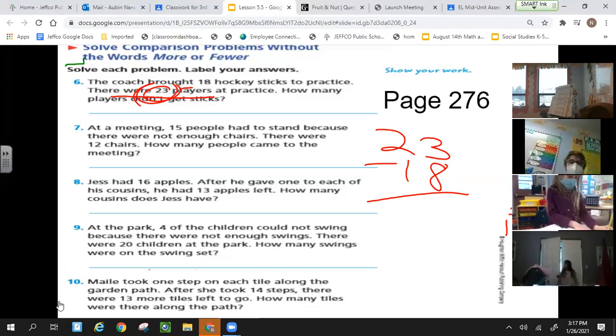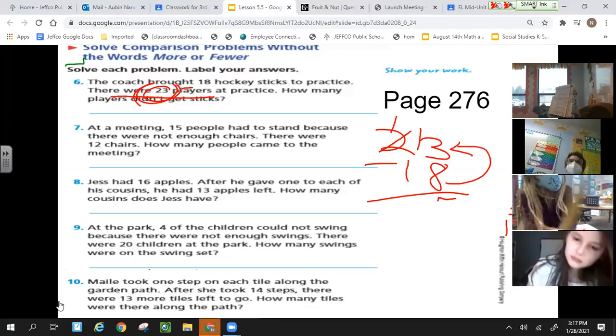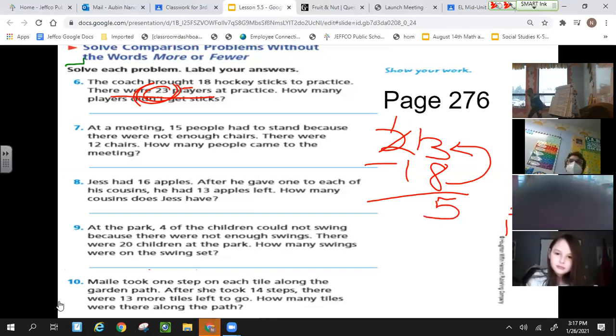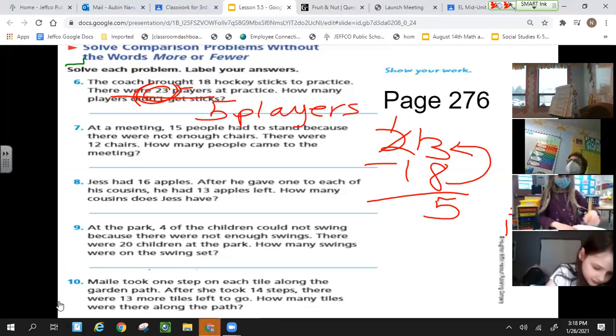All right. Well, let's see. Evie, what's 23 minus 18? So you can't do 8 minus... 5 players.